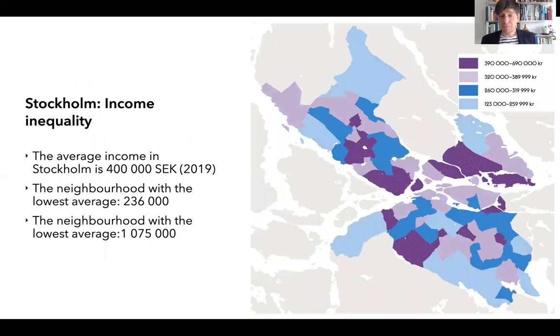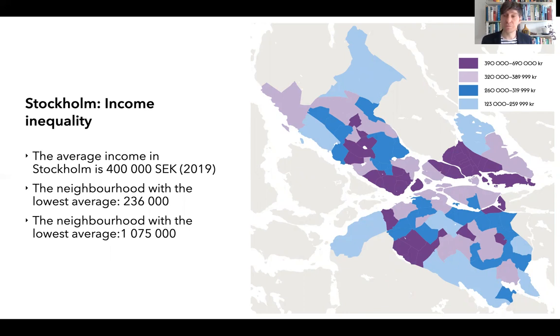Another map from the same mapping project is about income equality. If you would just look at the average of Stockholm, you would say that the average income in Stockholm is 400,000 Swedish krona. This doesn't say anything to you, but it's a number in itself. But if you start looking at the differences within Stockholm, you will see that in some neighborhoods, the one with the lowest income, it was only about 230,000 krona.